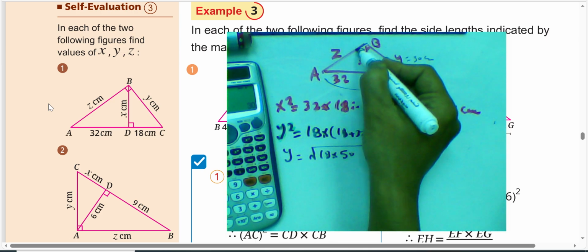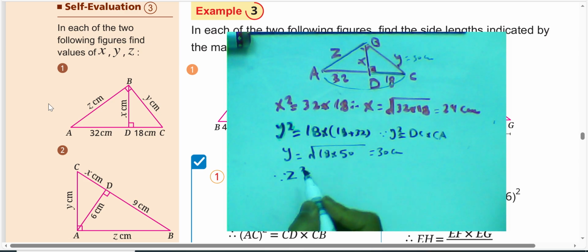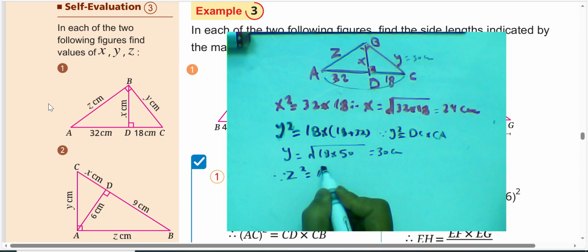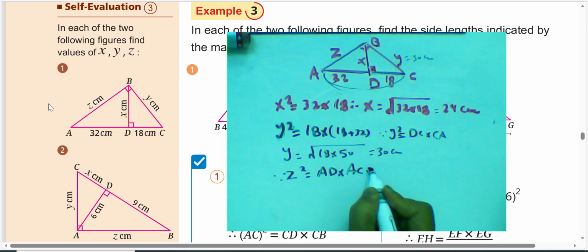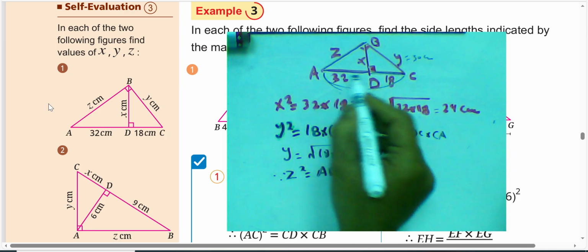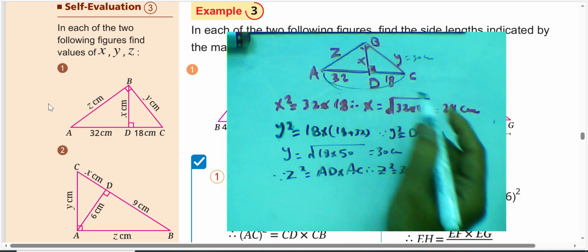Now we can find z from Euclid's theorem, such that z power 2 equal the conjunct or projection here ED product by hypotenuse EC. Then z power 2 equal ED was 32 product by EC, 32 plus 18 equal 50.